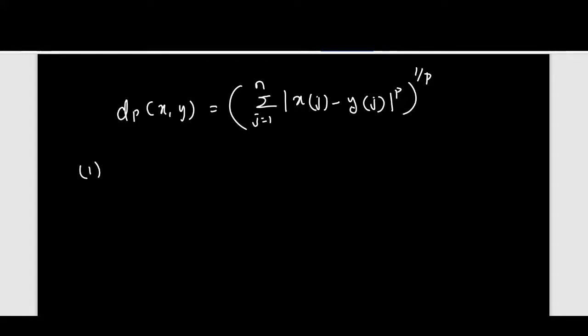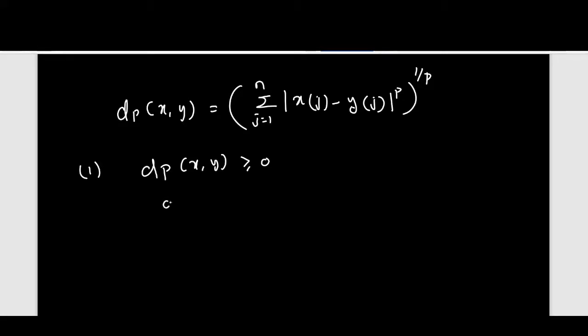For the first condition, given d_p(x,y) equal to summation of modulus of x_j minus y_j, we clearly have d_p(x,y) greater than or equal to 0. The first condition is very clear.